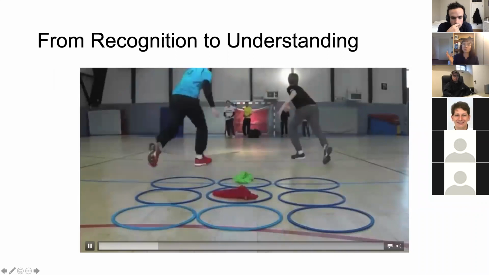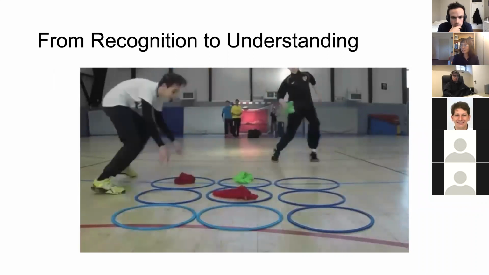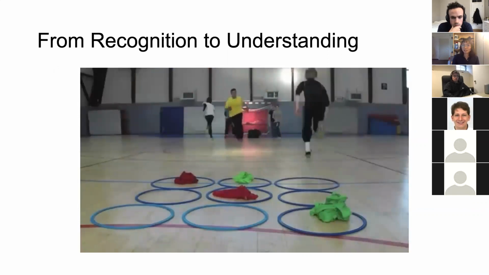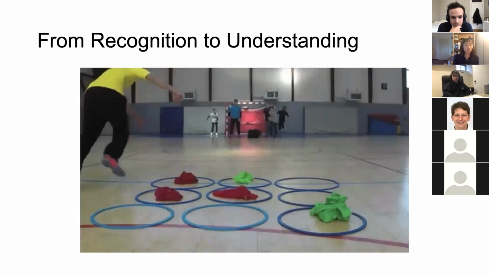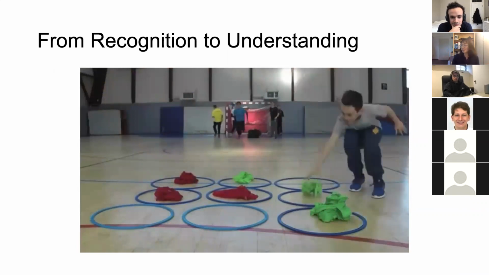What is even more interesting, if we look at this video, can you figure out what this person is playing? Basically, they are playing tic-tac-toe with a running game, right? You can imagine that there are two groups of people, and they are not using crosses or circles, but instead they are using different colors of clothes.